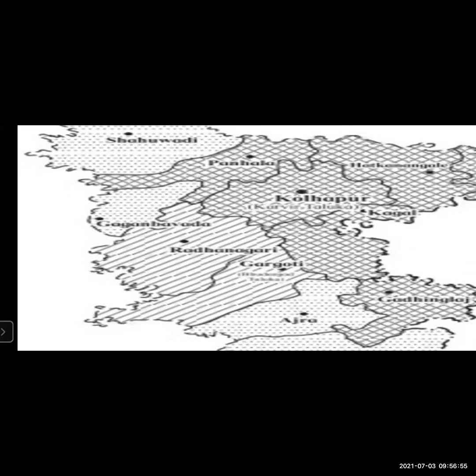Now name those places. Panhala is there, Hatkanangle is there. Then on the other side, Kolhapur is also there. Then Shirol is there, Karveer is there, Kagal is there and Gadhinglaj is there. All these places have the grid pattern, which tells us the density is more than 400.